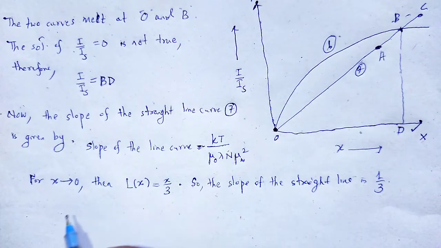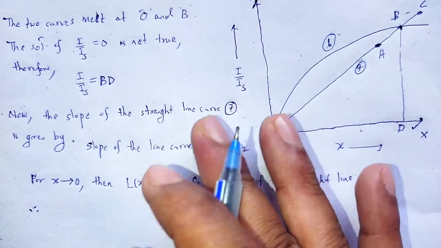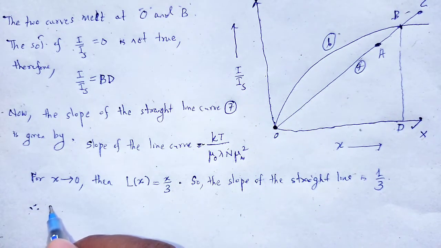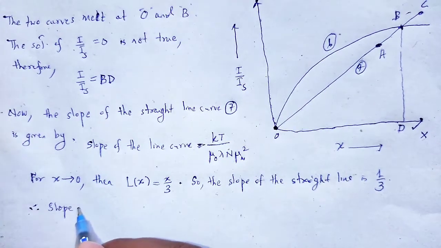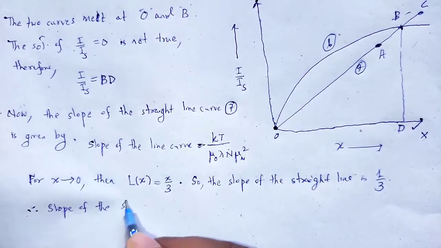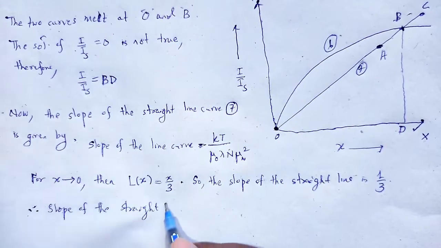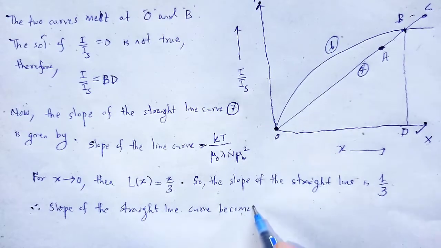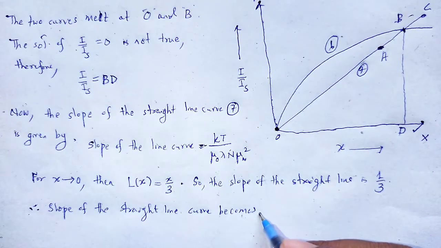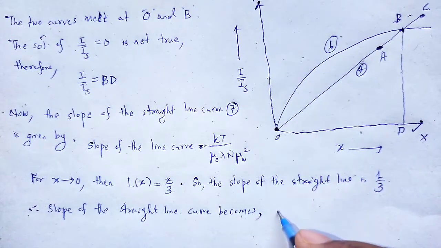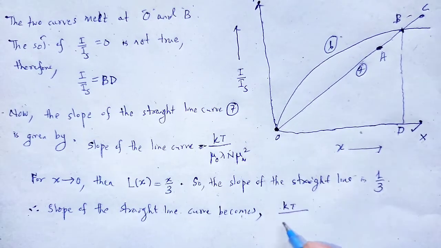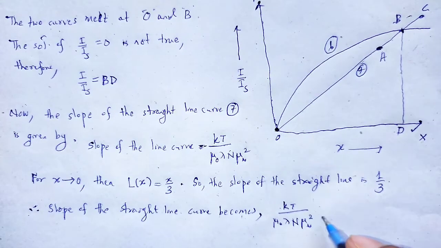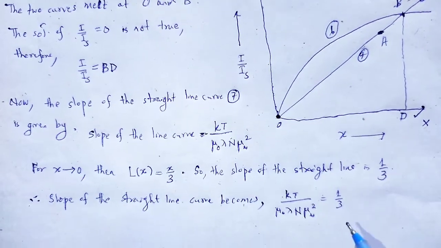Therefore, we equate these two as kT divided by mu naught lambda n mu m square is equal to 1 by 3.